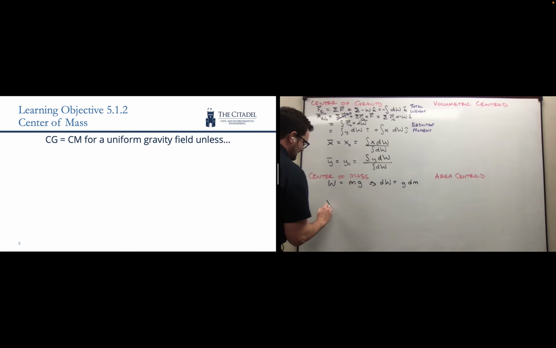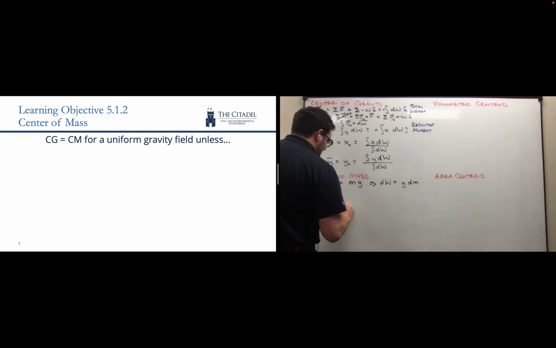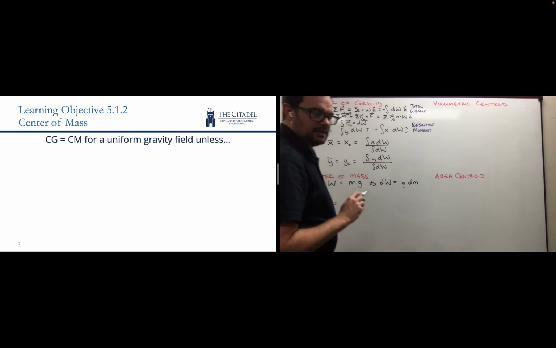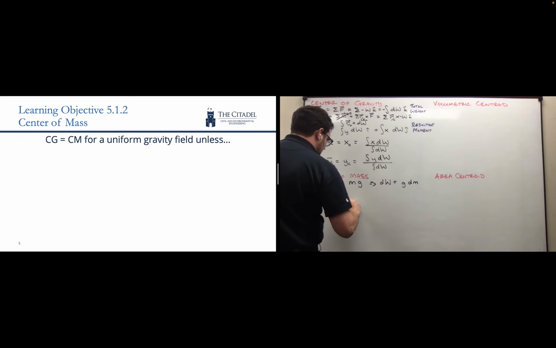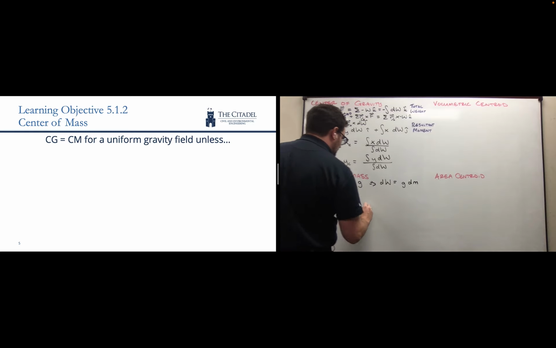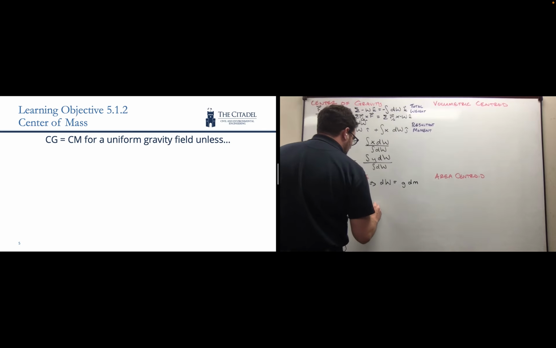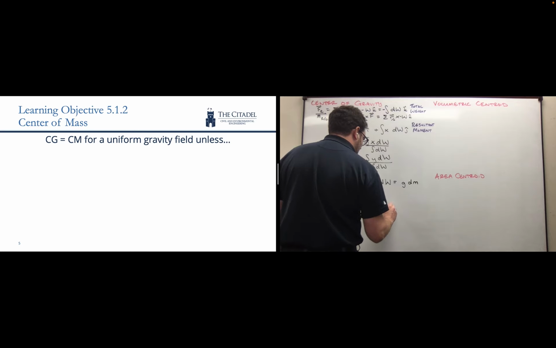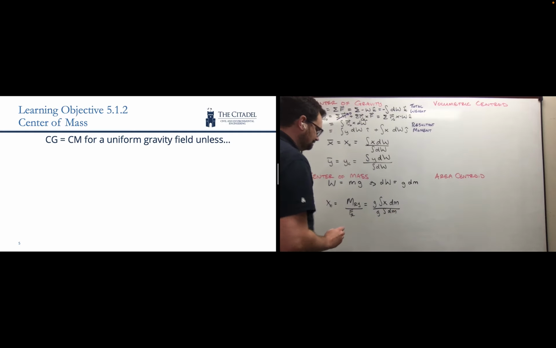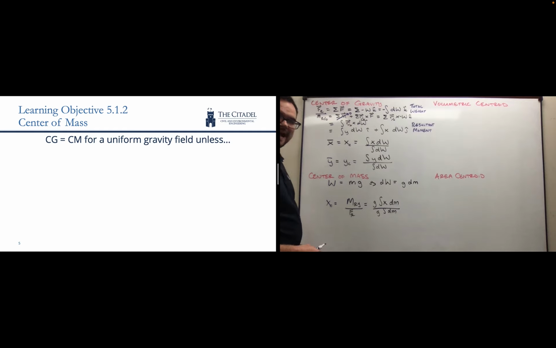So the idea here, again, is that my x bar, or xc, my center of mass in this case, is still going to be equal to my resultant moment about the y-axis divided by my resultant force. And in this case, that's going to be g times the integral of x dm divided by g integral dm. I pulled that g out because if it's a constant, I don't have to worry about it as an integration.